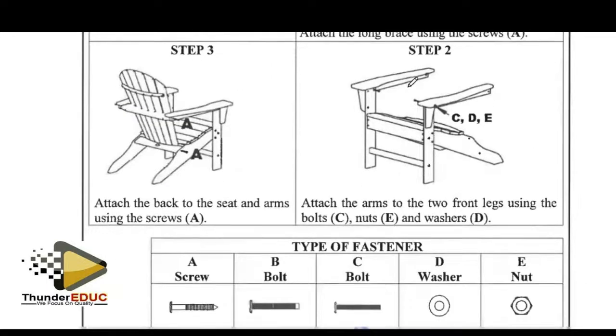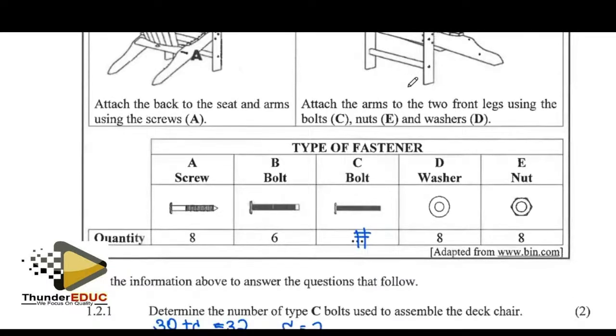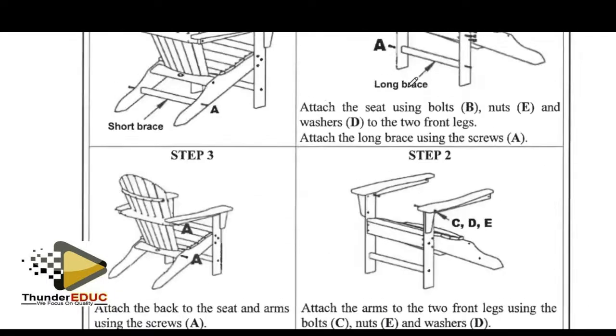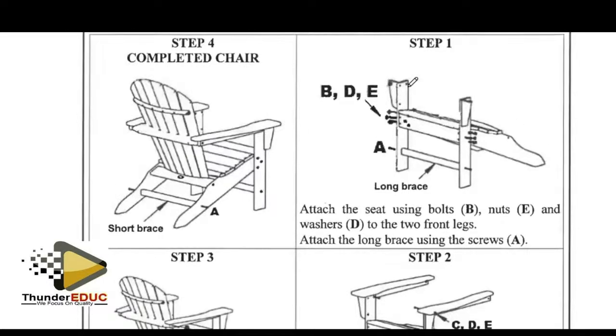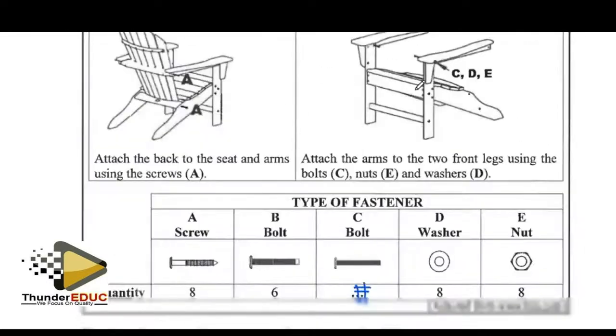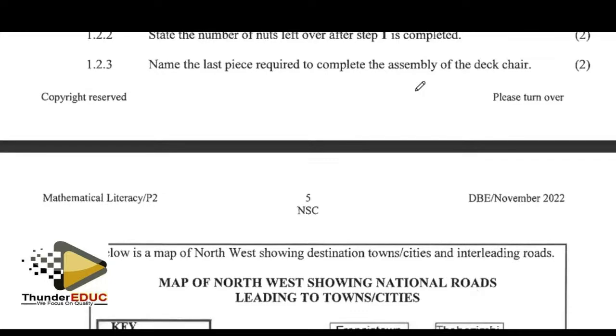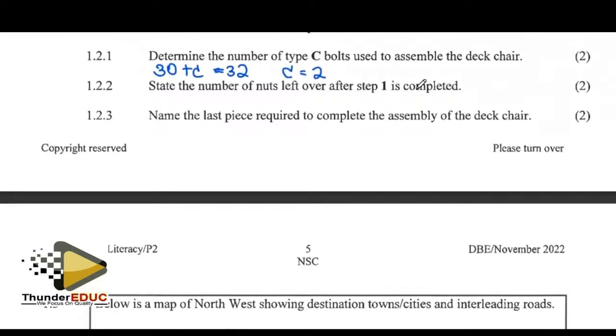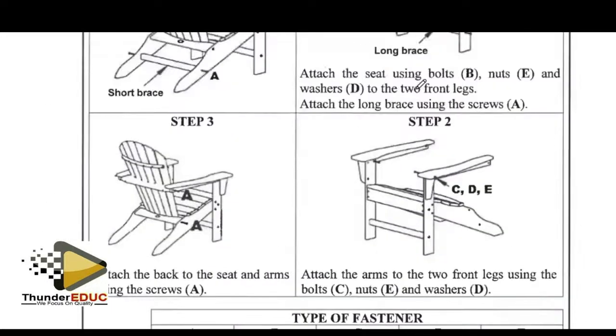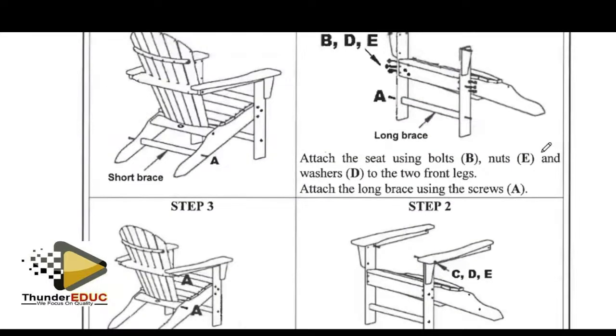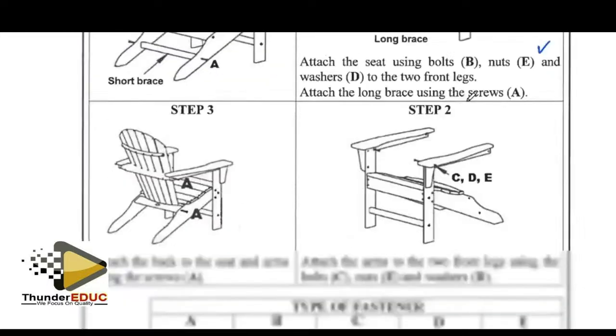And the question asks us, state the number of nuts left after step 1. Step 1, how many nuts does it need? We have the type E nuts, but how many of them?